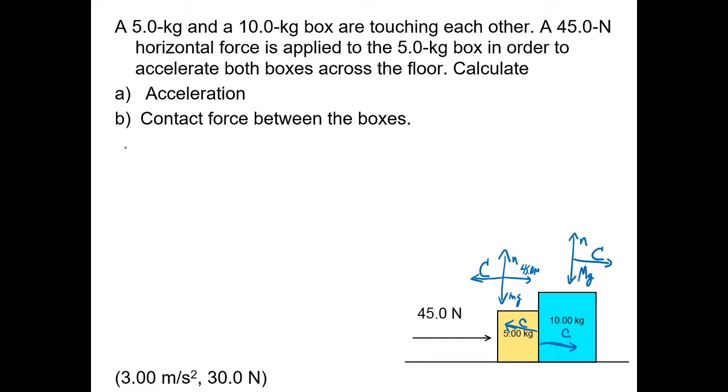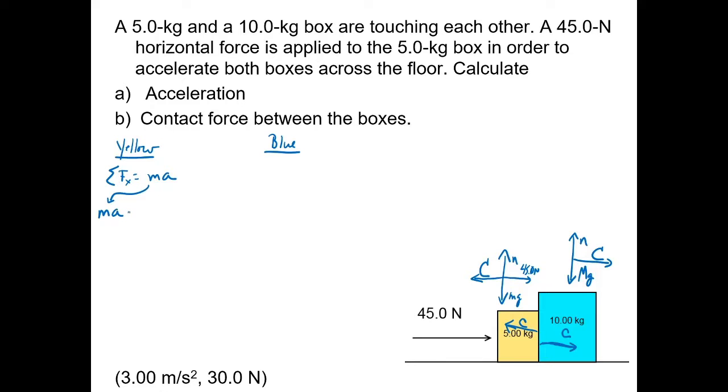So now we've got to set up our equations. We're going to set up two equations, one for the yellow and one for the blue. We only care about motion in the x direction right now because it's sliding across the floor. So we bring that down.